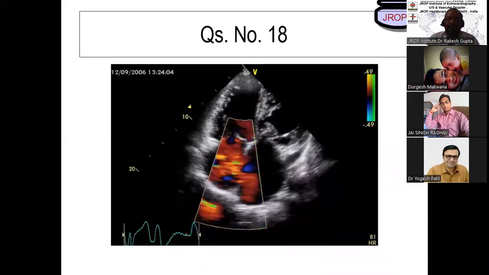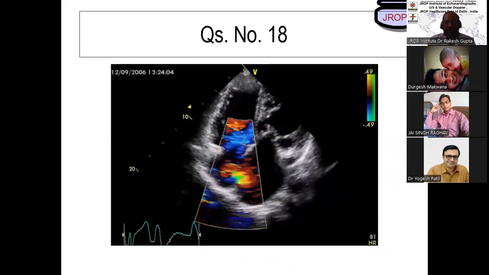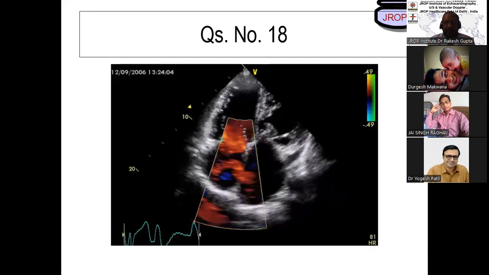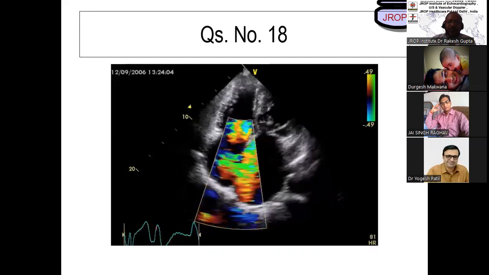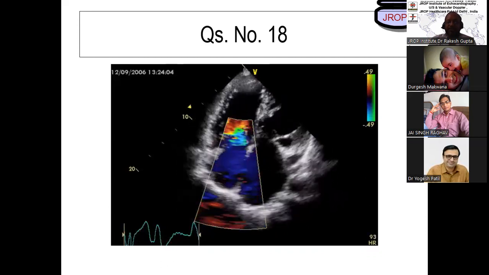And when we have atrioventricular discordance, the majority of the time we have these associated defects. If we do not have an associated defect, what will happen? The two circuits will be completely separate from each other. He won't be alive. We will not be able to see any pictures. Yes, sir. Good job done, Durgesh.